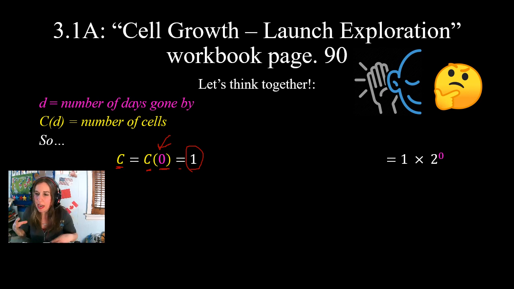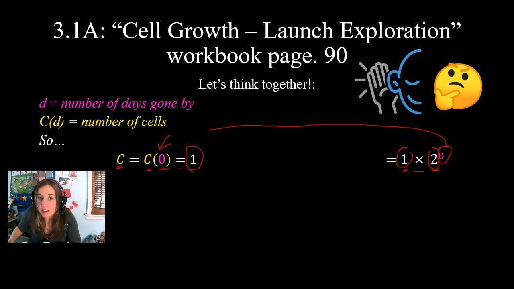Okay, well, let's look at how that relates to our initial value and our constant multiplier. How can we get 1 using those two things? Well, as it turns out, if we take our initial value and multiply it by our constant multiplier of 2, right? Here's our initial value. Here's our constant multiplier. Well, if we raise our constant multiplier to the number of days that have gone by, and in this case it's 0, that does indeed give us 1.